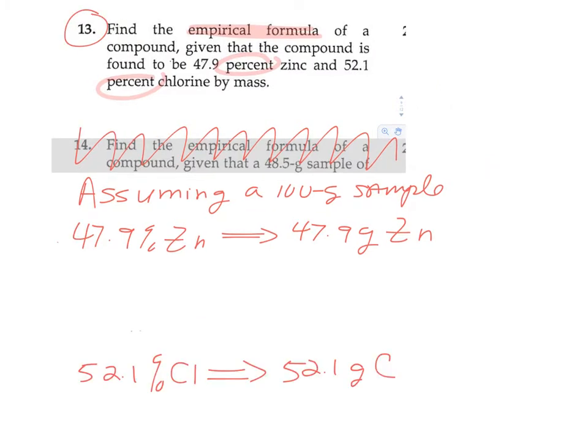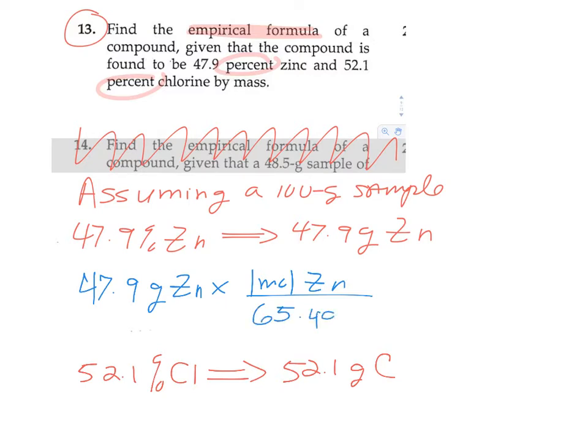So we're going to begin by converting 47.9 grams of zinc to moles of zinc. I'm going to go to the periodic table and find that zinc weighs 65.38, which I'm going to report as 65.4 grams.